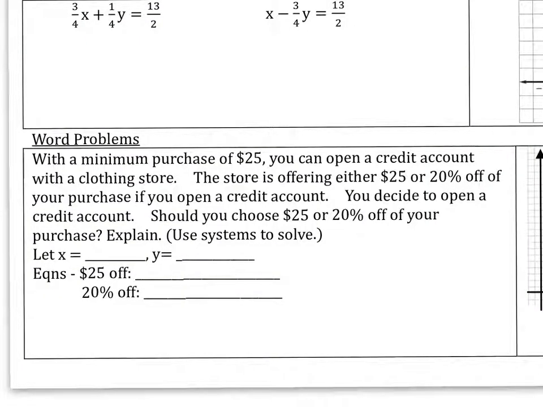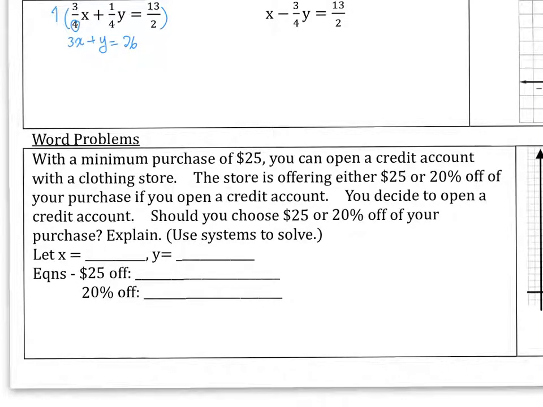Okay, for this next example, I'm going to first clear the denominator by multiplying by 4. So 4 times 3/4 x is 3x, plus 4 times 1/4 y is y, and then 4 times 13 over 2 would give you 26.